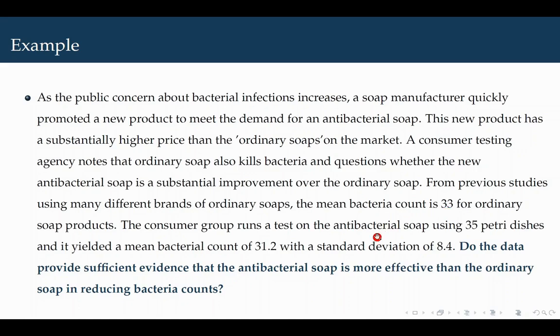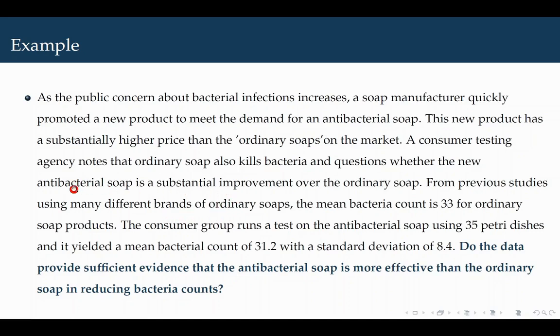For the new antibacterial soap, an experiment is conducted on 35 petri dishes, and it yielded a mean bacterial count of 31.2 and standard deviation 8.4. So the value assumed under the null hypothesis is going to be 33. And 35 is the sample size, 31.2 is the sample mean, and 8.4 is the sample standard deviation.